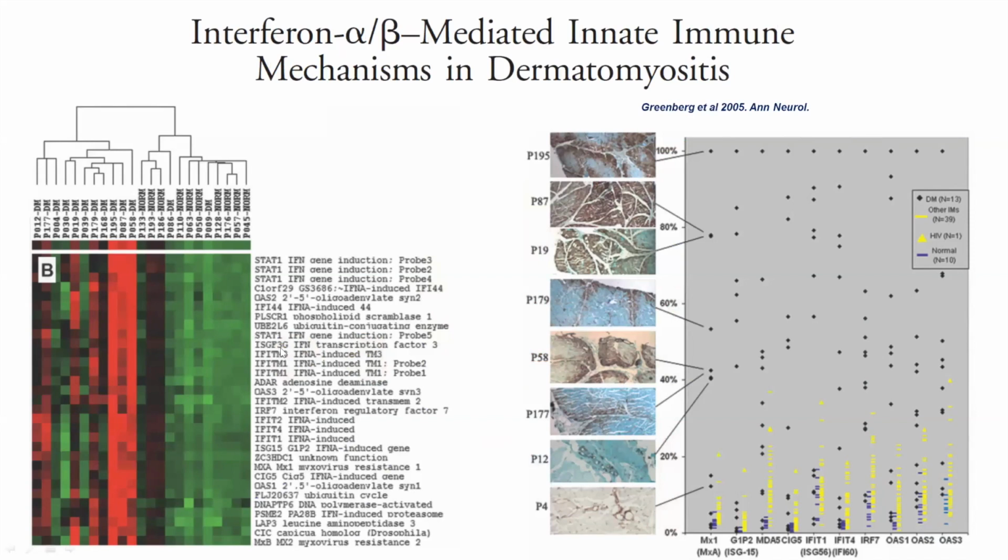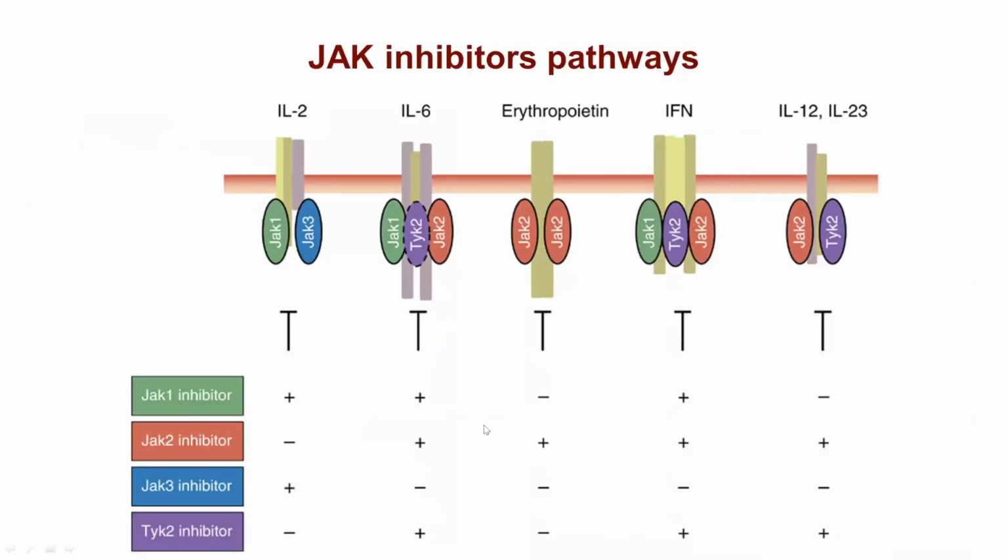This is the case at the mRNA level, but also at the protein level, since in dermatomyositis patients you can see all these proteins overexpressed, which are linked to this interferon pathway. A good manner to block the interferon pathway is to use a monoclonal antibody against the interferon itself, but it's difficult because you have a lot of different subgroups of interferon alpha, 13 subgroups in fact.